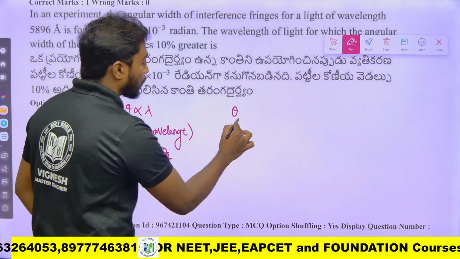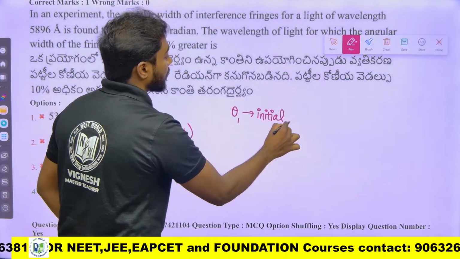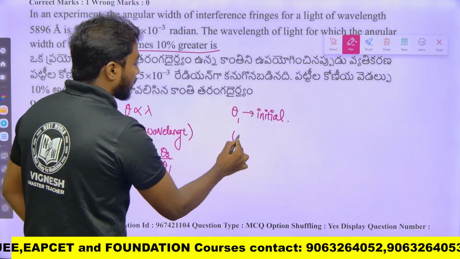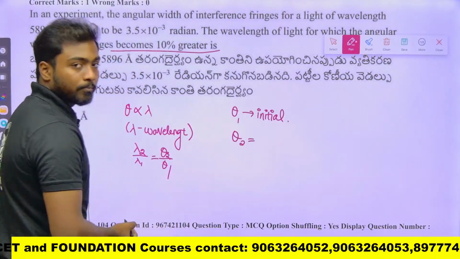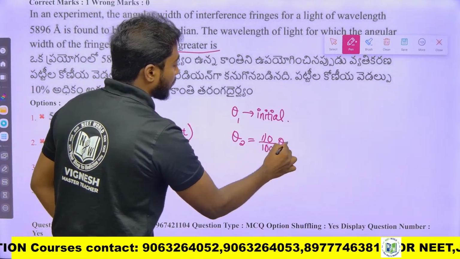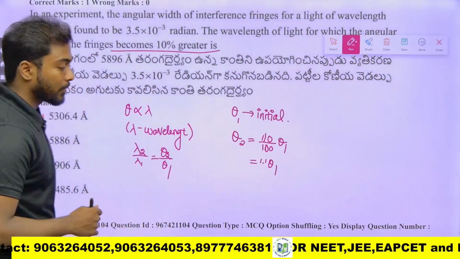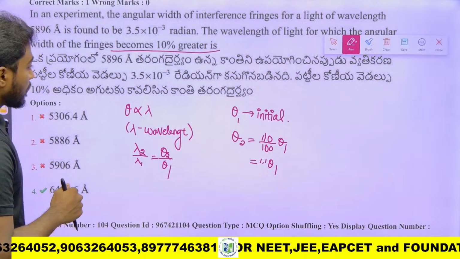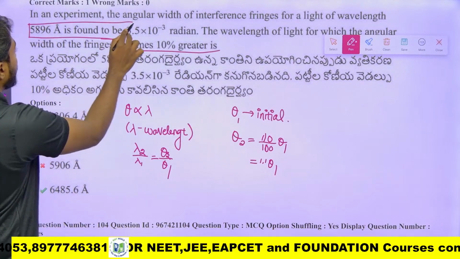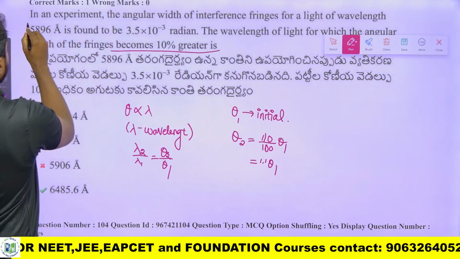Initially it was theta 1 only, the initial case, later it becomes 10% greater. So, 10% greater means theta 2 equals 110 divided by 100 into theta 1, so 1.1 times theta 1, am I correct? Okay. Now, we know what is lambda 1, right? It is 5896, right? Yeah.